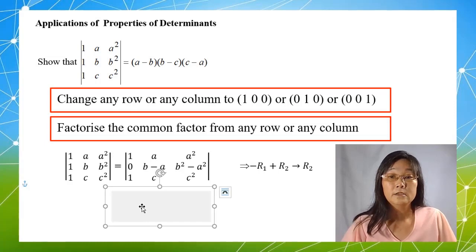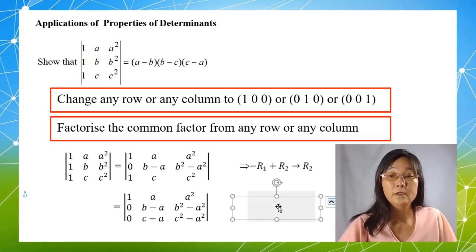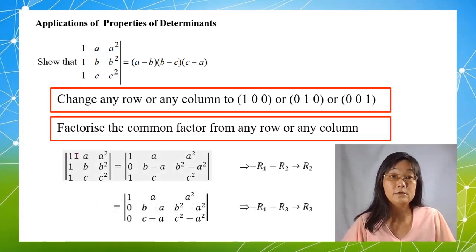Then to change the first number in the third row into 0, I'm going to multiply the first row by negative 1, then add it into row 3. So negative 1 plus 1 is 0.